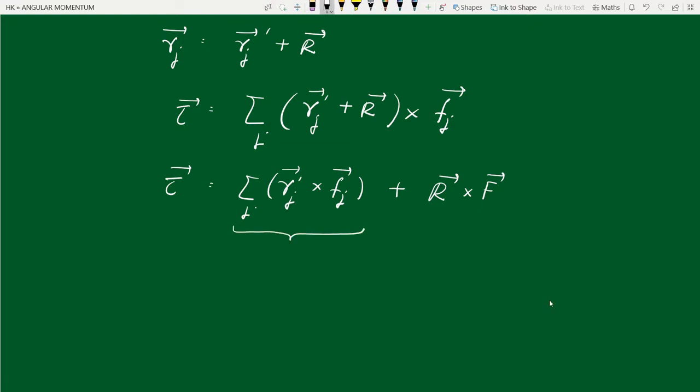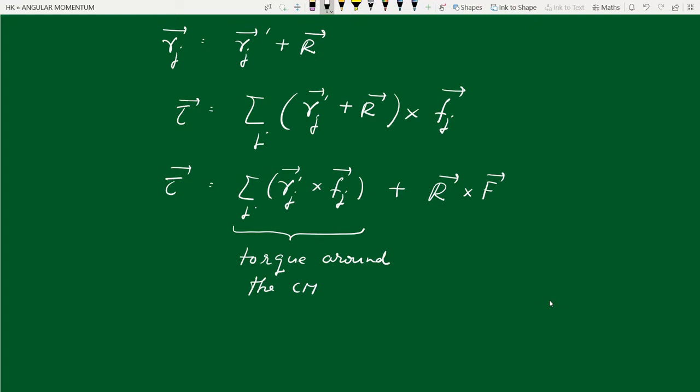So the total torque is expressed as two terms. What is the first term? It is the torque around the center of mass due to various external forces, or torque about the center of mass, because we are using the position vector Rj prime here. For each particle we are taking the position vector about the center of mass.